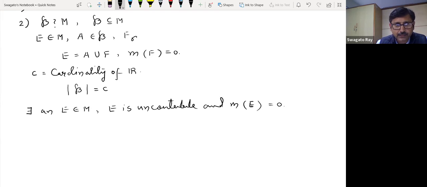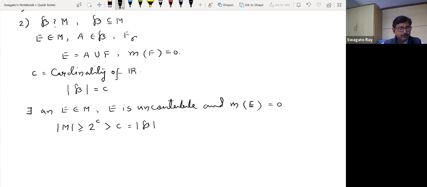It follows then that the cardinality of the Lebesgue sigma algebra is at least 2 to the power C, and hence strictly bigger than C. So the Lebesgue sigma algebra has many sets which are not in the Borel sigma algebra. Okay, that is one comment. So the Borel sigma algebra is basically very small compared to the Lebesgue sigma algebra, but measure theoretically it is not really very small. The difference is only a set of measure 0.